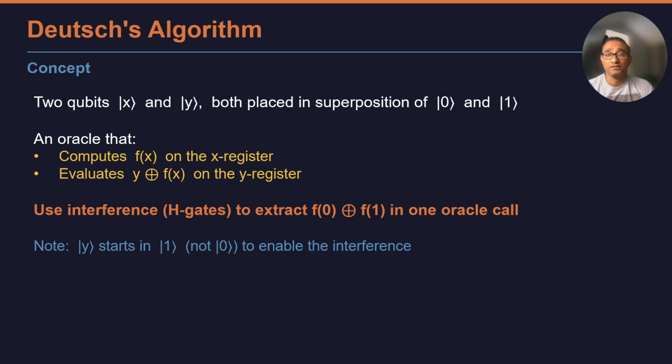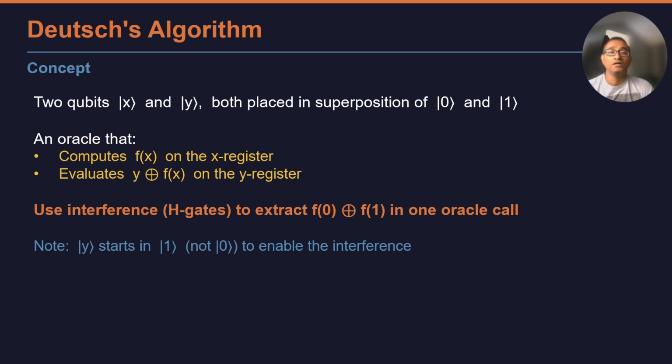How should we manage the interference of that, or rather get the final value? We apply the Hadamard gate on the x register of the oracle, and that is where we're going to measure the final outcome.